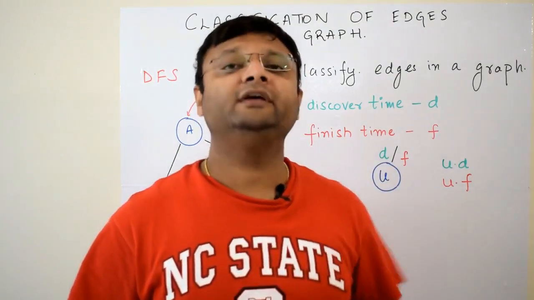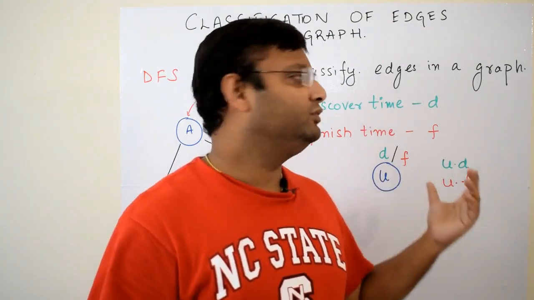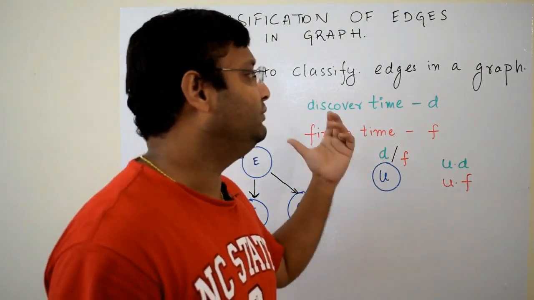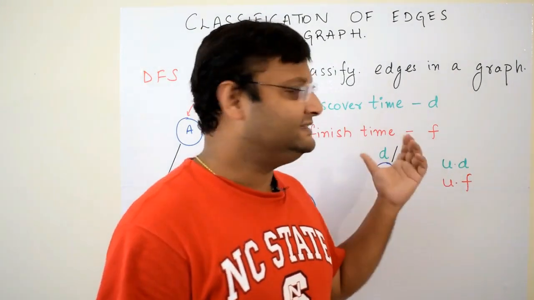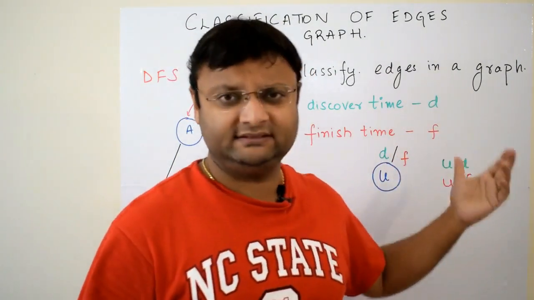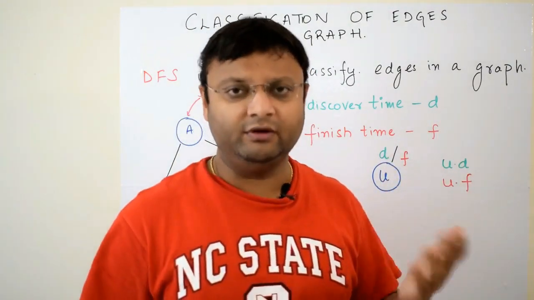This nomenclature has been taken from the book Introduction to Algorithms by Cormen, colloquially also called CLRS. These initials are the names of the four authors who wrote this book.